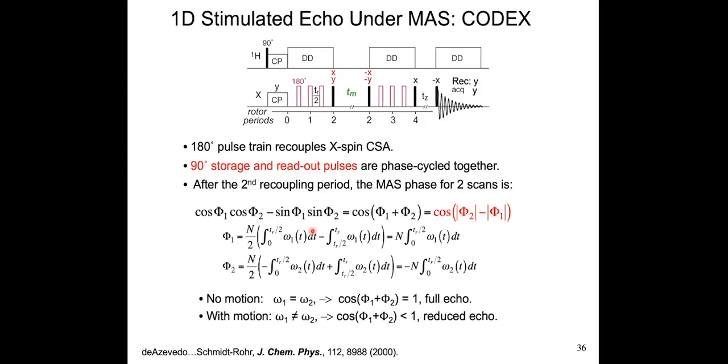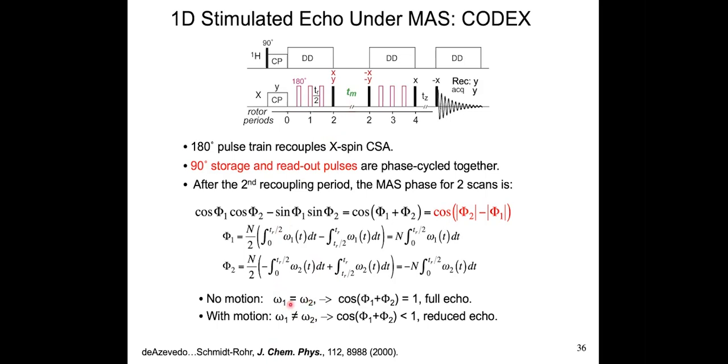Okay? Why do I want to generate this? This is meant to be the same thing as the static stimulated echo. The idea being that if there had been no motion during the mixing time, then phi 1 and phi 2 should really be the same. And I would then get cosine 0, which is 1. Okay?